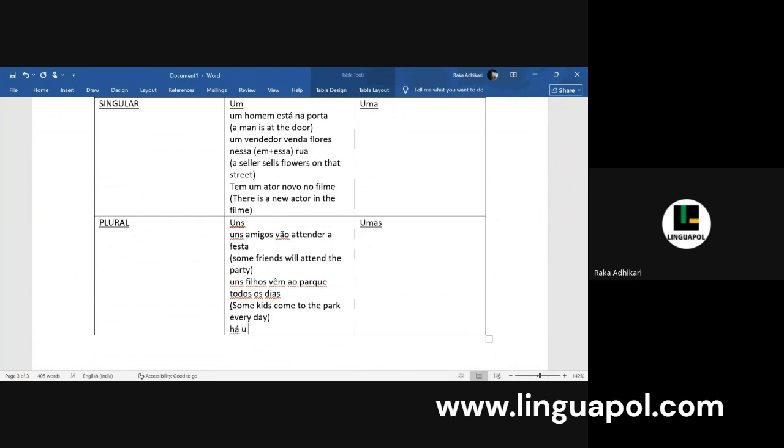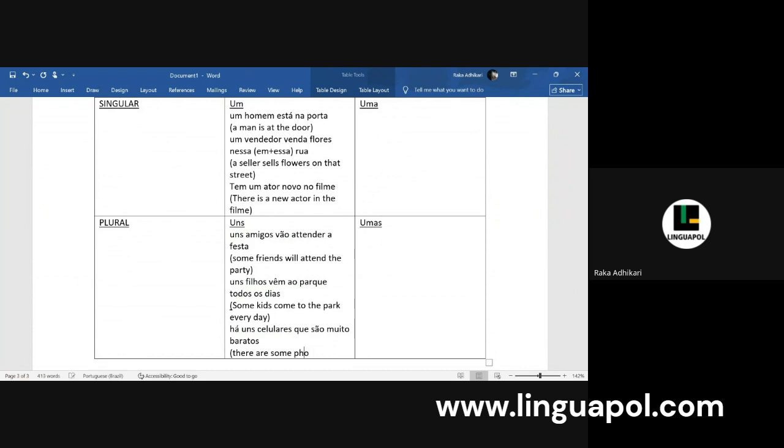Uns celulares que são muito baratos. There are some phones which are very cheap.